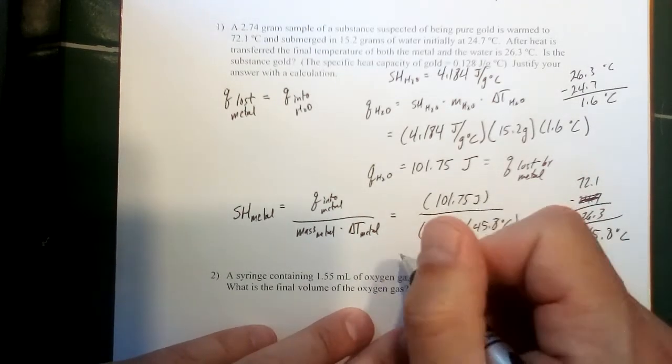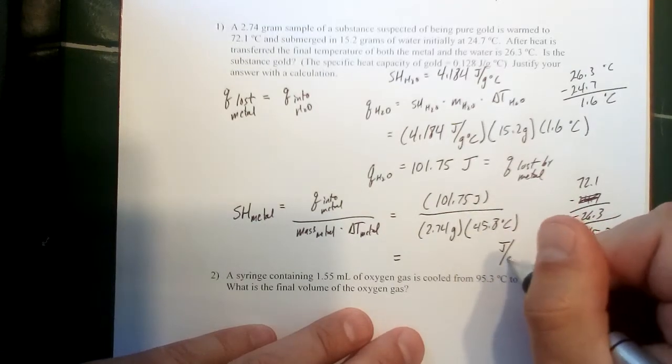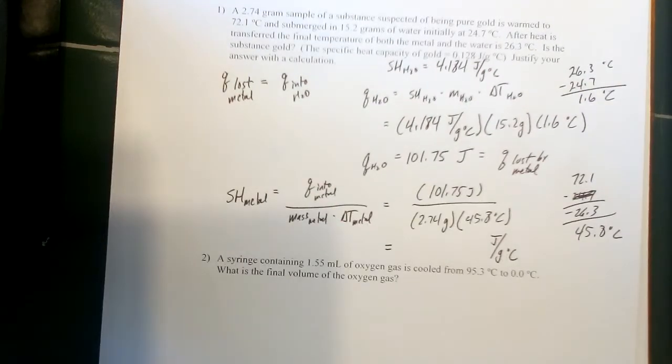Now if we work all that out math-wise, the units will cancel to give us joules per gram degree C. That's exactly what we want for the units describing specific heat capacity. So 101.75 divided by 2.74, and the 45.8 is still on the bottom, so I also want to divide by 45.8.